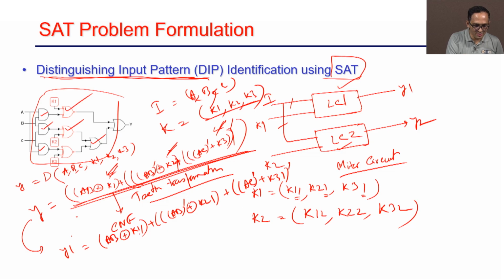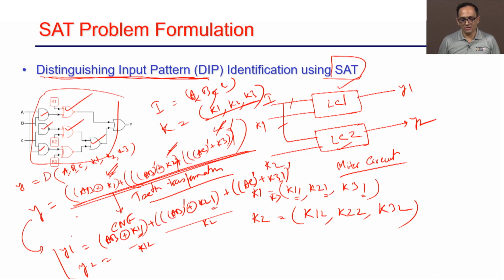So, effectively I just add 1 for this, and similarly I will do Y2 equal to the same thing with K12, K22 and K32, right. So, effectively I just created 2 equations from this, right.